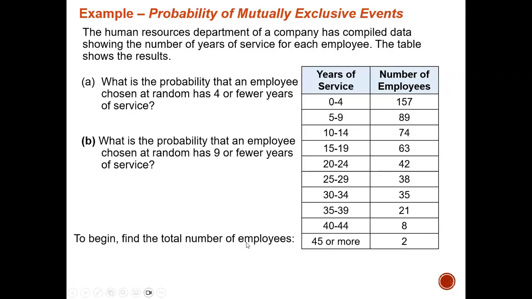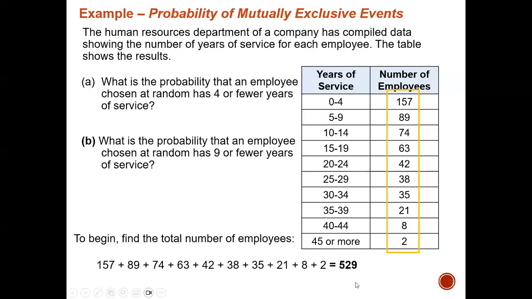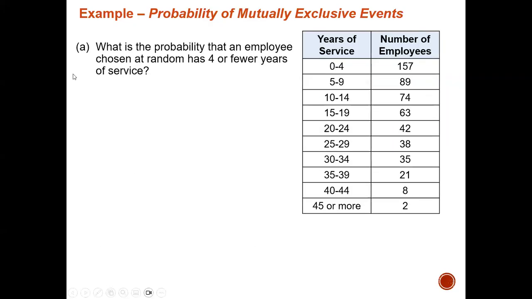So we're going to start by finding the total number of employees. That comes from all of these right here, right? They're kind of separated out, but our total would be all of these added up. So that's our first step. We're going to add all of that up. We get 529. So now let's look at each one, A and B, okay? What is the probability that an employee chosen at random has 4 or fewer years of service? Right here.